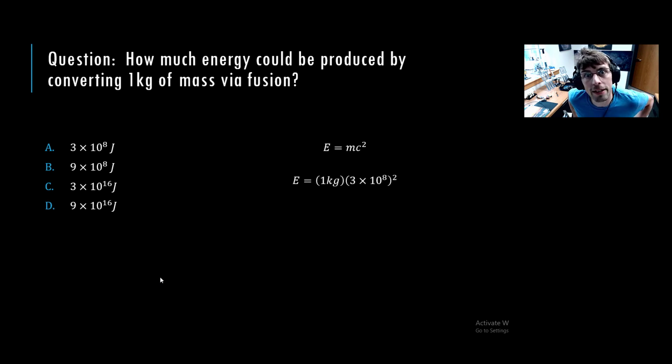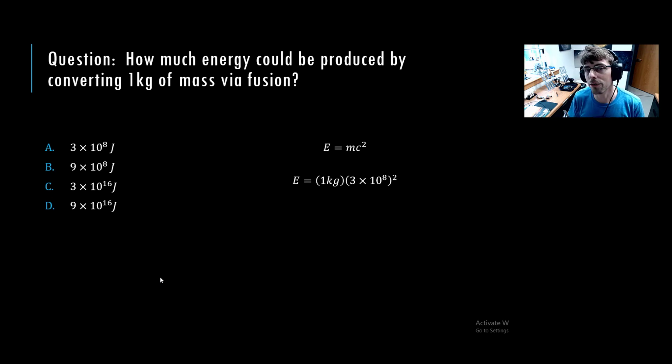Then remember that the speed of light, we'll have to look that up, is 3 times 10 to the 8th meters per second. Now the other thing I should be careful of and highlight for you: remember we have a square here. When we have parentheses squared, we have to square everything inside the parentheses. So we have to do the 3, but we also have to do the 10 to the 8th.